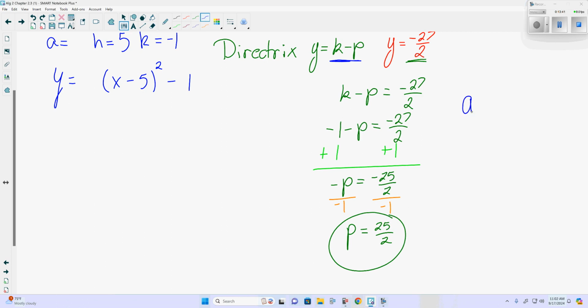Well, to find A, the number we're plugging in, 1 over 4 times our P value. Again, take that, throw it in the calculator. Let the calculator do that for you.